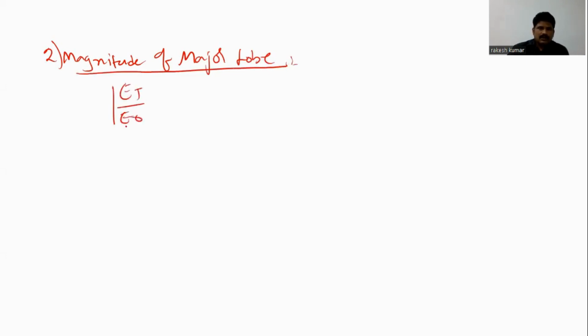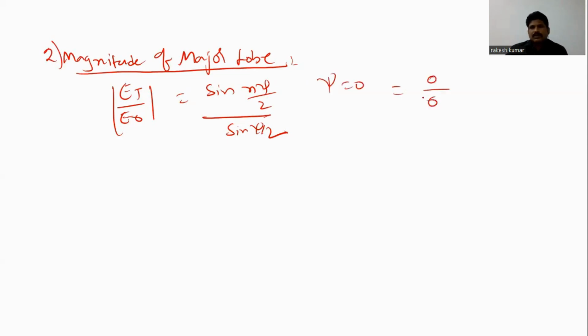Et by E naught for an n element array is equal to sin(n psi by 2) by sin(psi by 2). The magnitude of the major lobe we consider when psi is equal to 0. Substituting psi equal to 0, we get 0 by 0, which is an indeterminate form.